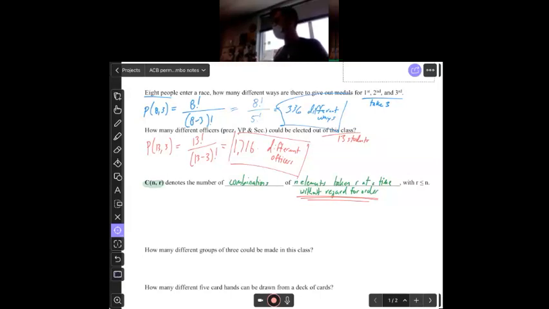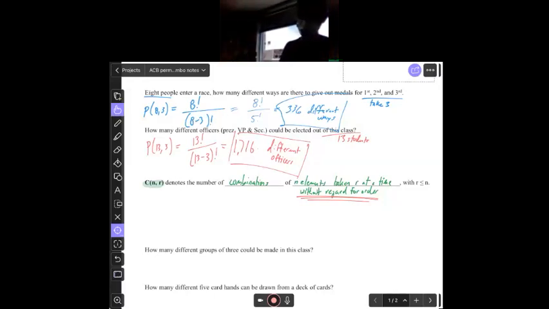Versus if I just say, I need 3 people to come help me. Claire, Colby, Caleb. It doesn't matter if I say Caleb, Colby, Claire. It's the same group because there's no role within the group, no job, no difference in the order that I say them. So if we create a difference in order, or a difference in job or role within the group, that's a permutation.